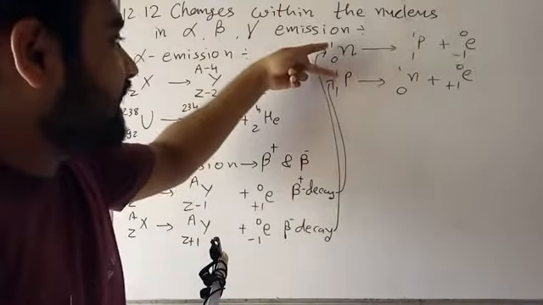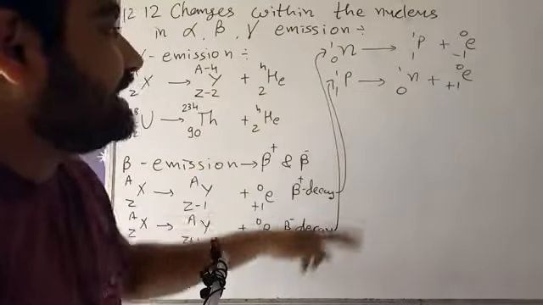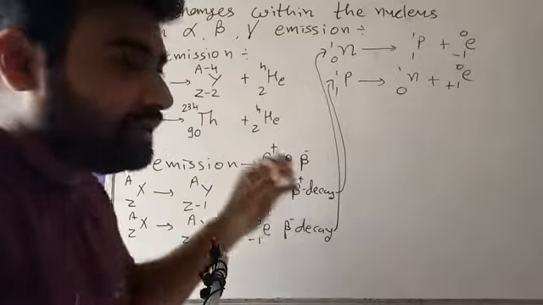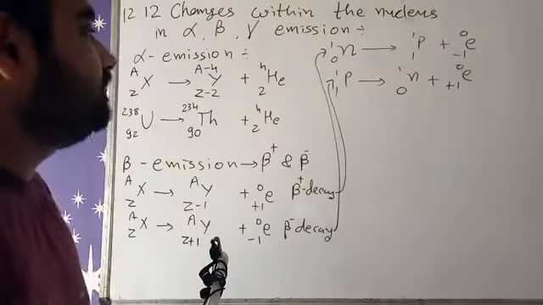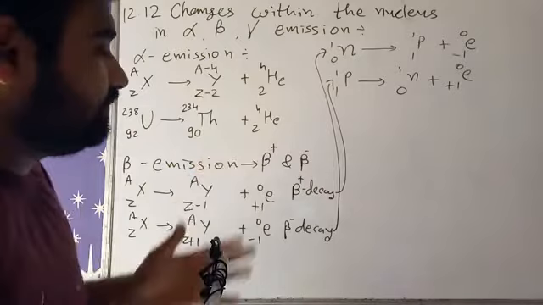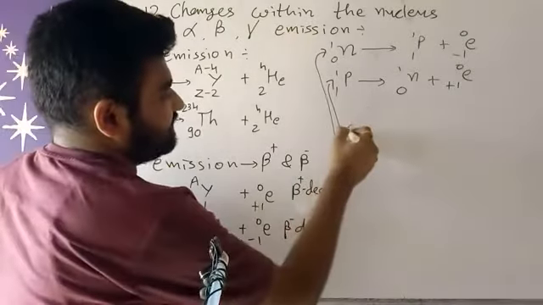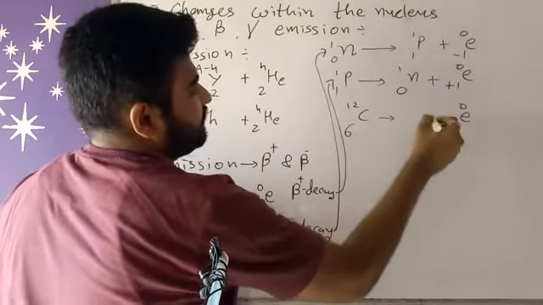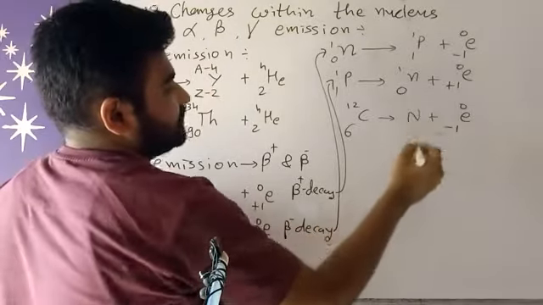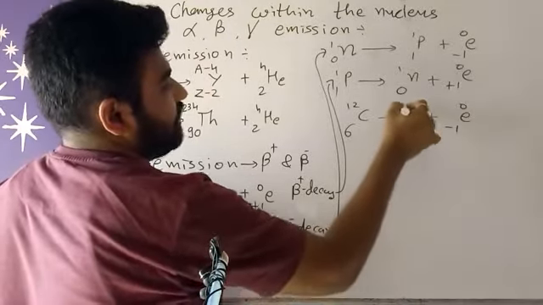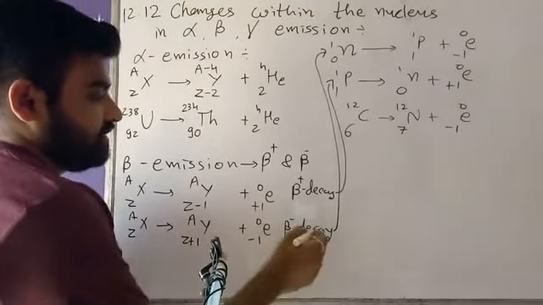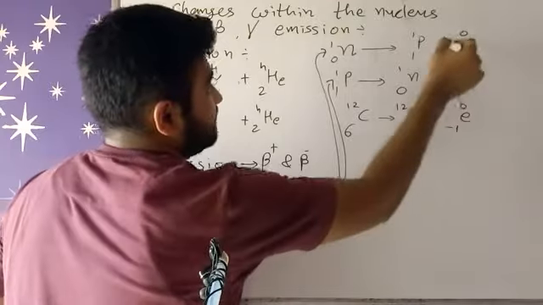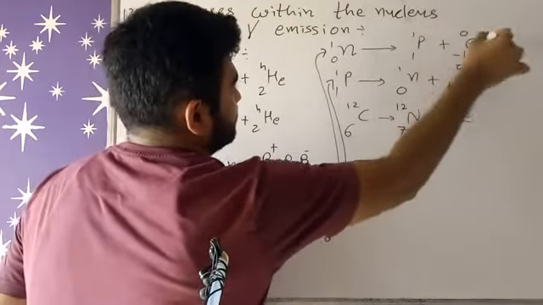Both particles, neutron and proton, are inside the nucleus, so these reactions are also done in the nucleus itself. For example, we have 6 C 12, and during this emission one electron is emitted. So what we get is nitrogen 7 and 12. This is beta minus decay, but behind this reaction we have the first reaction, right?